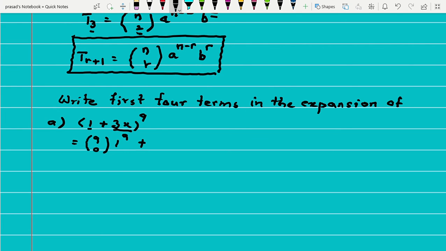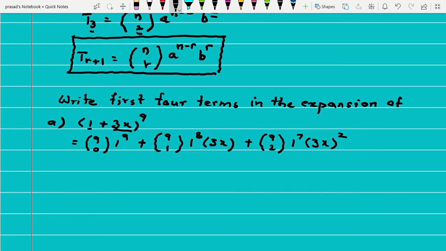Then the next coefficient will be 9C1. 1's power will be 8, and I will introduce 3x here. Then the next coefficient will be 9C2. 1's power will be 7, and 3x power will be 2, and see that the total power will be 9.